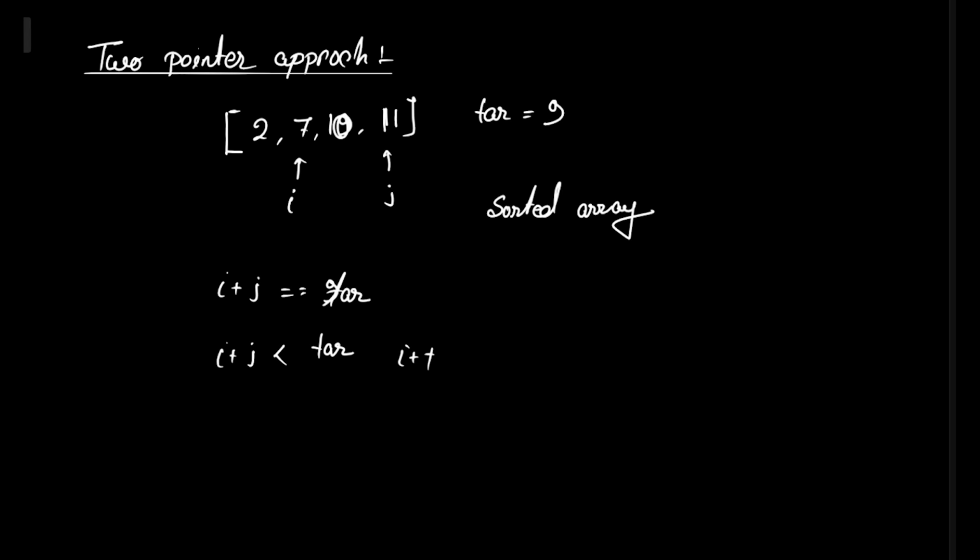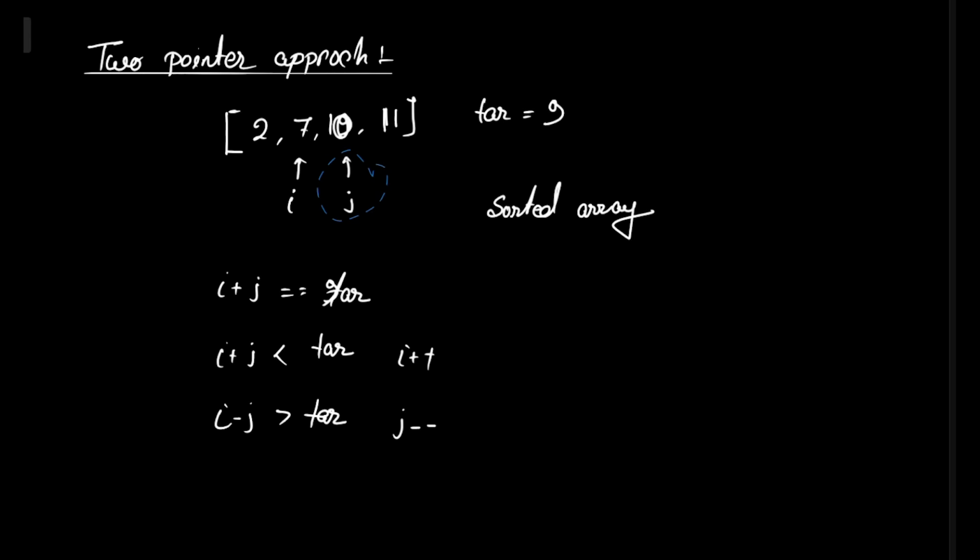And if i plus j is greater than target, then how can i plus j become less so that it can reach the target? For that I will just decrease the value of j, j minus minus. So if I shift the j, then i plus j will be less.